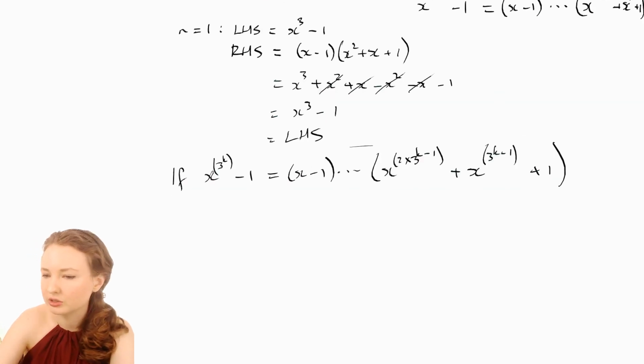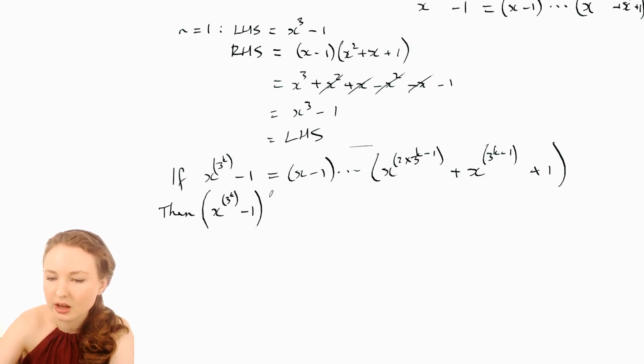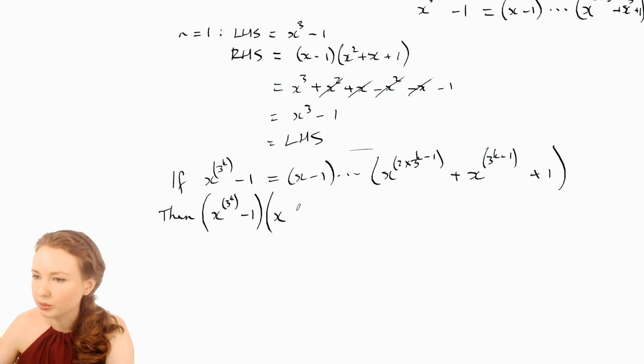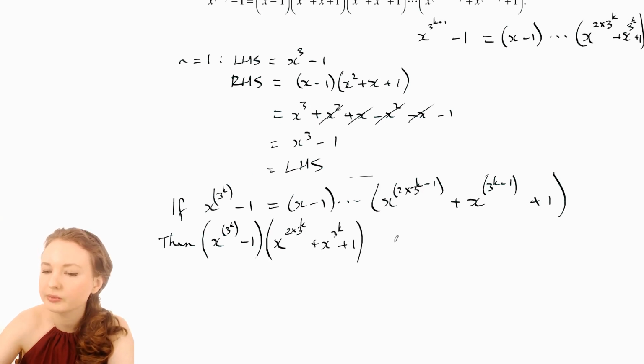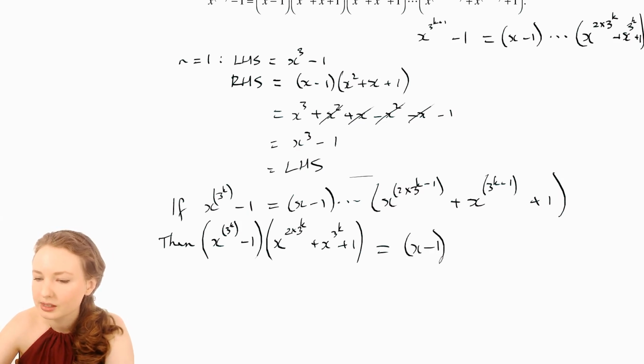So if that's true, then x to the 3 to the k minus 1, that times x to the 2 times 3 to the k, that's x to the 3 to the k plus 1. So just multiplying both sides of the equation by that. So times all of that, times that one. I might just leave that out because I'm going to run out of space.